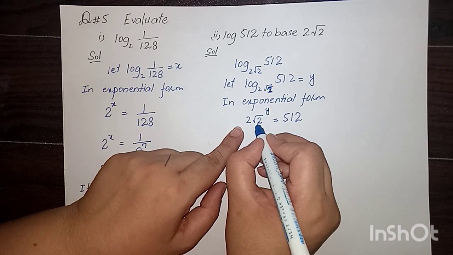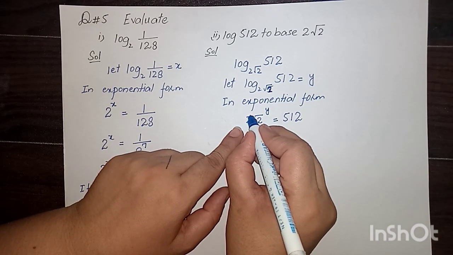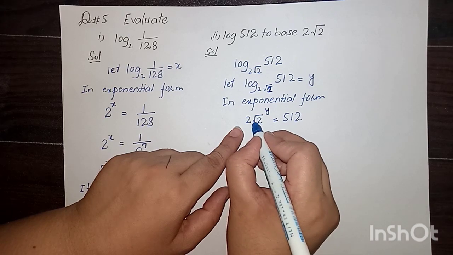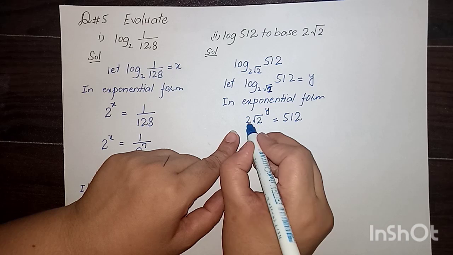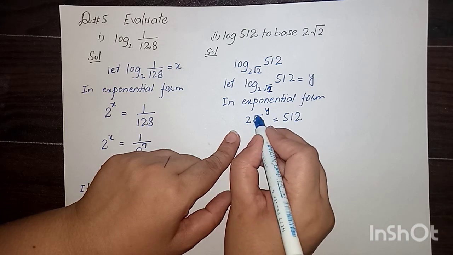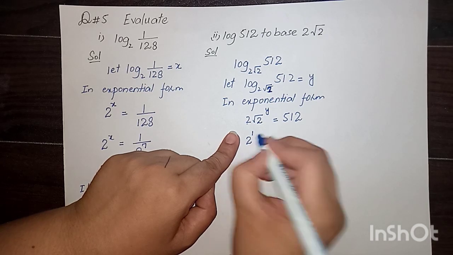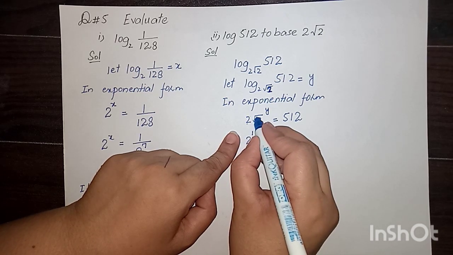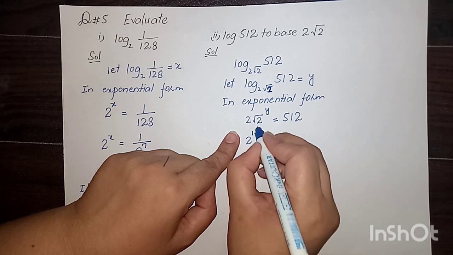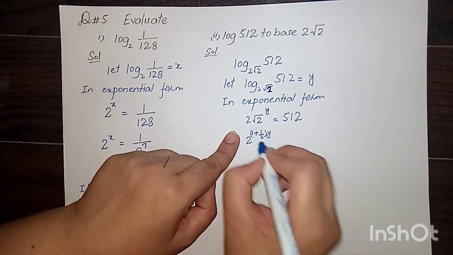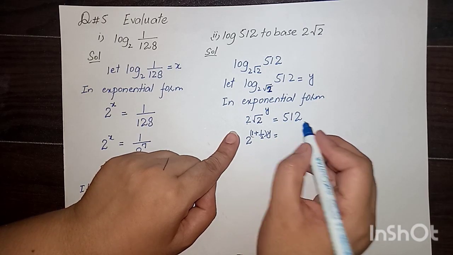Now convert it into exponential form. This is 2 whose power is equal to 1. This is 2 whose power is equal to 1 over 2. So when bases are same, then exponents get added. So this is equal to 2, its power 1, and its power 1 over 2, and the whole power is equal to y. And find the prime factorization of 512.